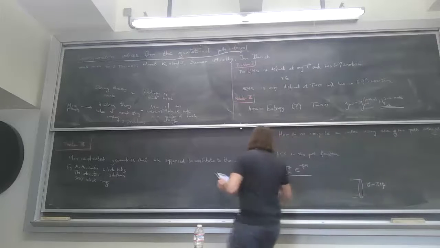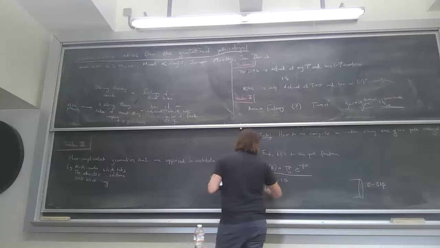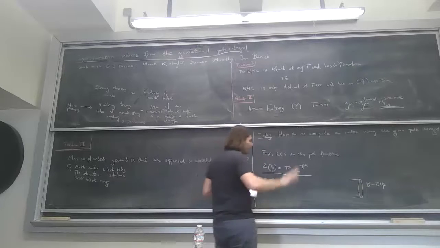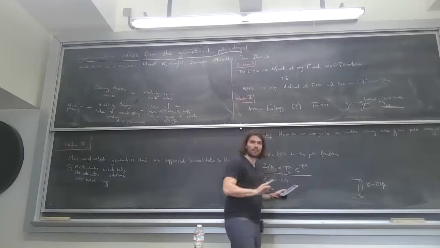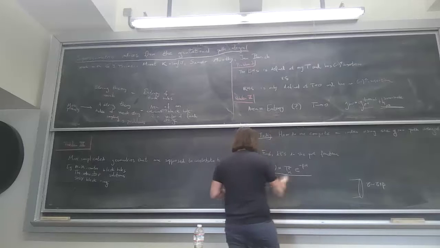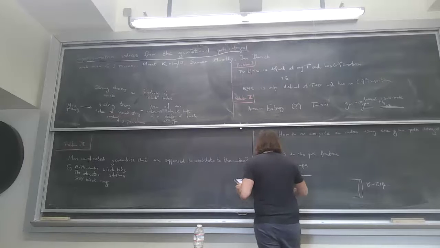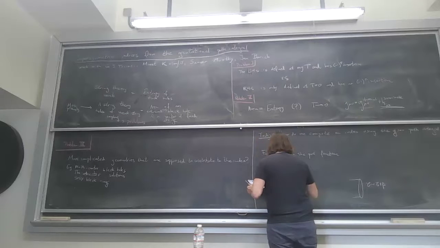So let's take the example of a black hole. It could be a Schwarzschild or a Reissner-Nordström black hole. The general form of the metric takes the following form.